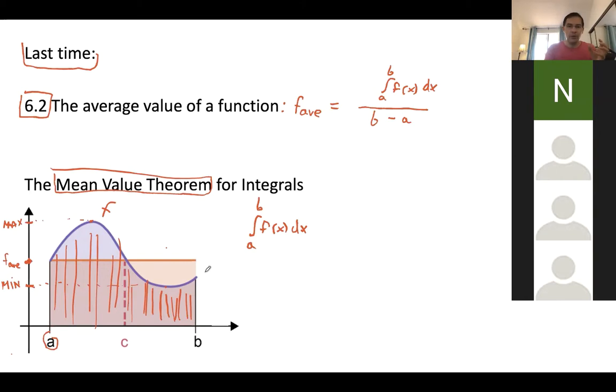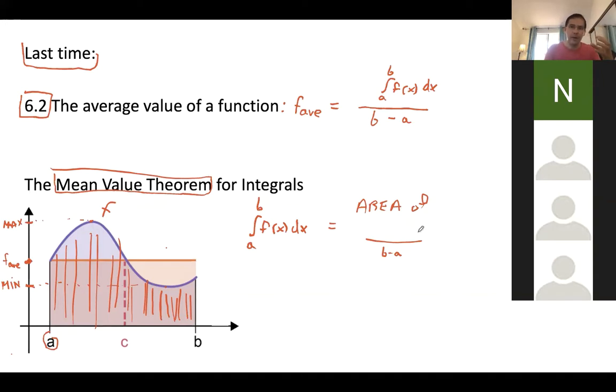But if you know the average value of this function, then this is actually equal to the area of an appropriate rectangle, the base of which is simply the length of the domain of this function, b minus a. But how do you find the height of this rectangle?